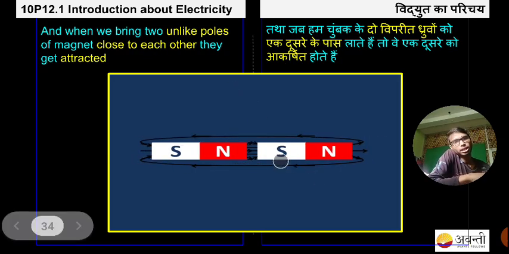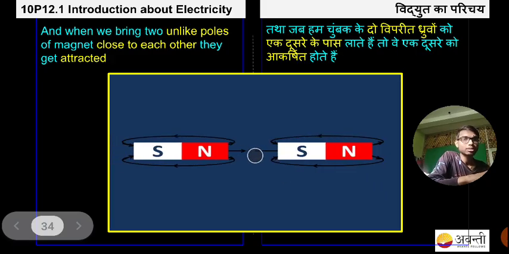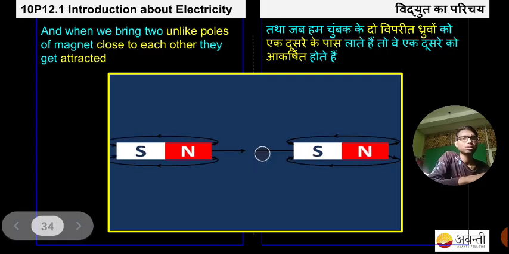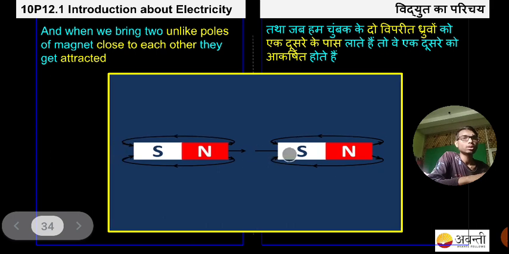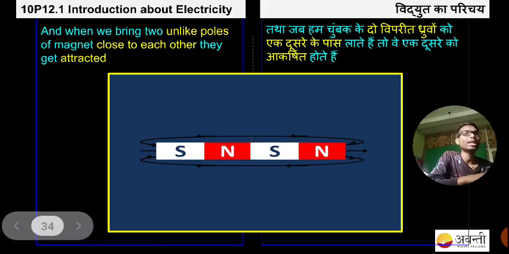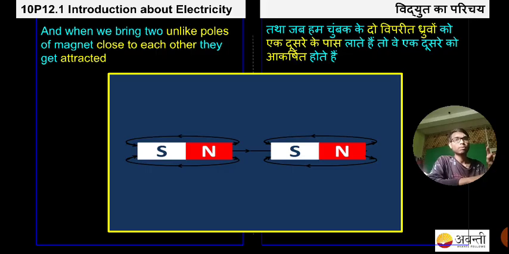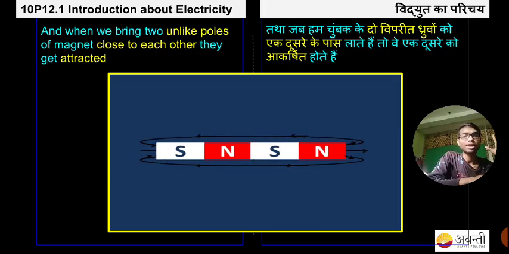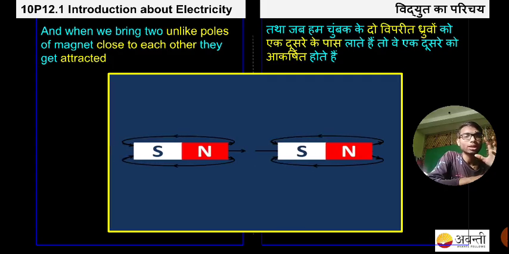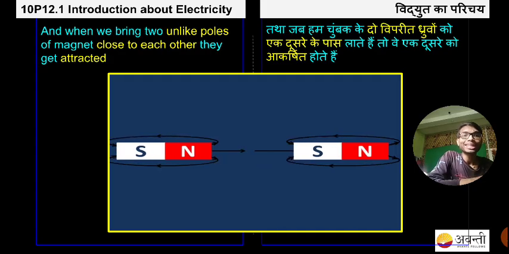Here, what are we observing? We are observing that the signs in front of each other are different. In that case, if signs are different, you can directly say that yes, both will attract each other. And this will happen also with charges. If charges are different and both are in front of each other, then the charges will attract.